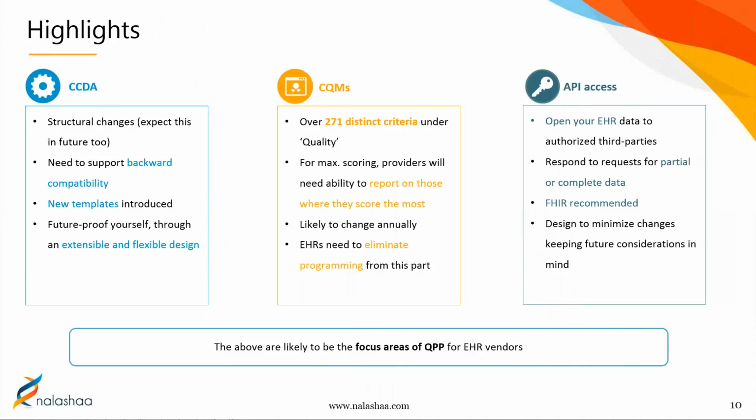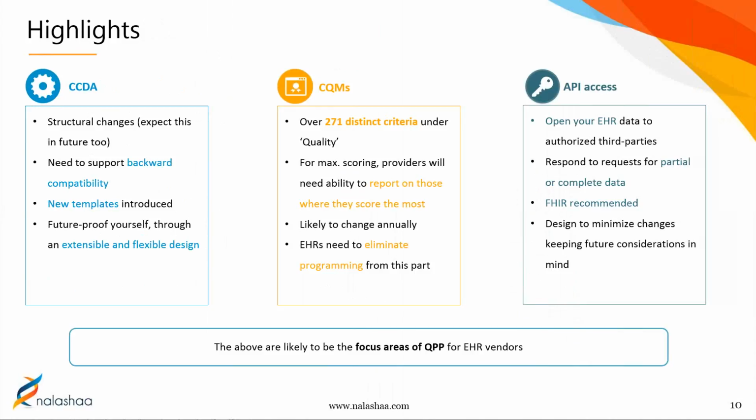The reporting of CQMs will be done using data captured within your certified EHR. And as you see, in the 2014 edition we actually had only 64 CQMs, and there you see, there are now 271 CQMs.